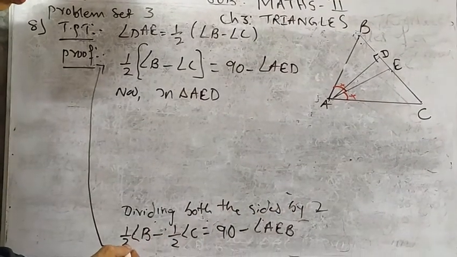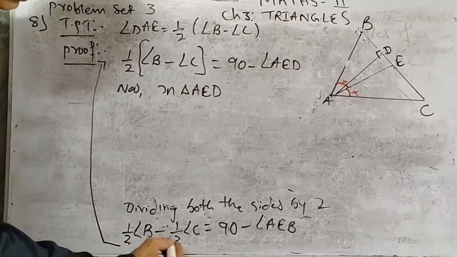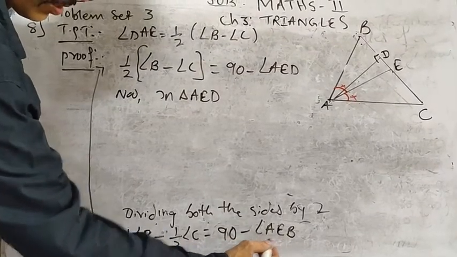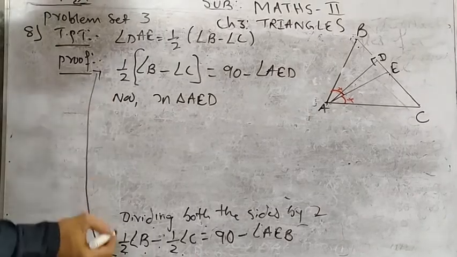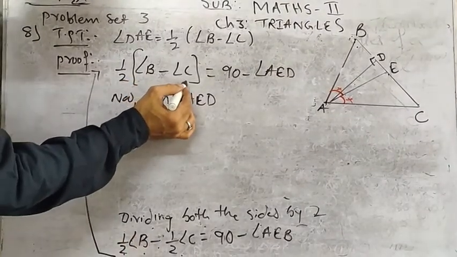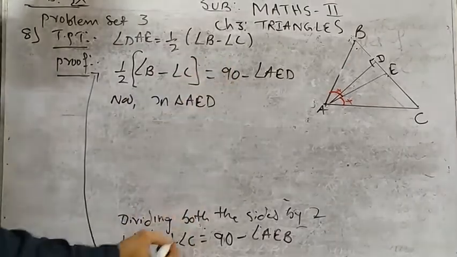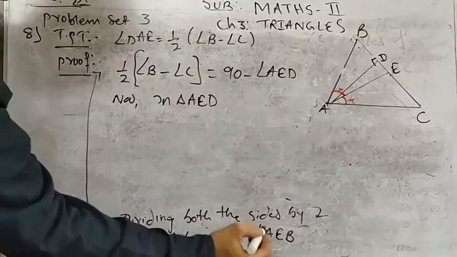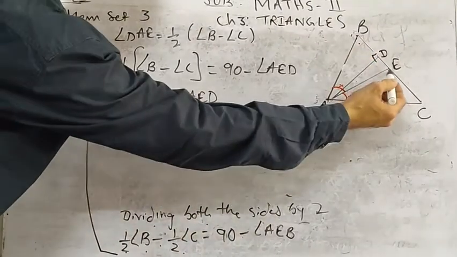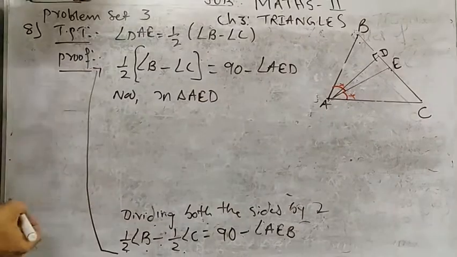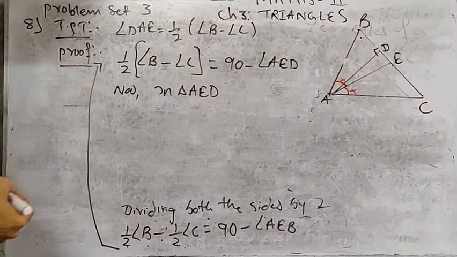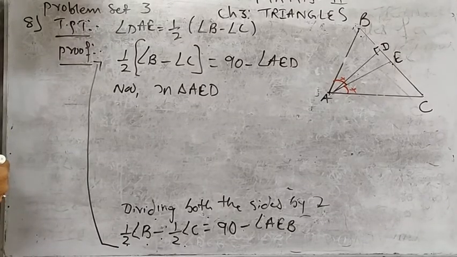After doing this, you will get half angle B minus half angle C is equal to 90 minus angle AEB. So this I have written here again. Half is common, angle B minus angle C, you can see, is equal to 90 minus, instead of AEB, I have written AED. Same angles with different names.